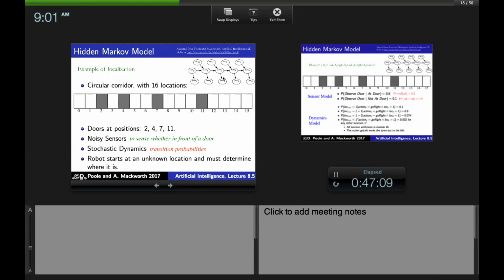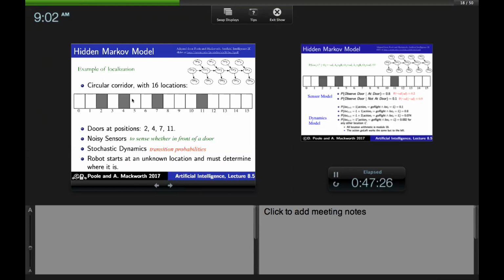And so they continue that process, and over a long series of observations, they can project the relative probabilities of being in each of the possible locations.